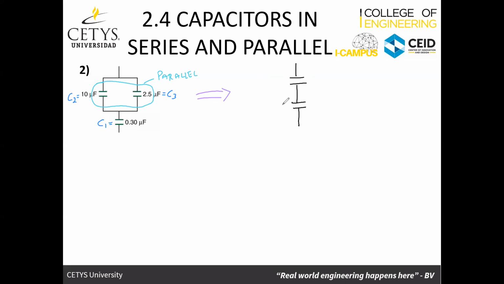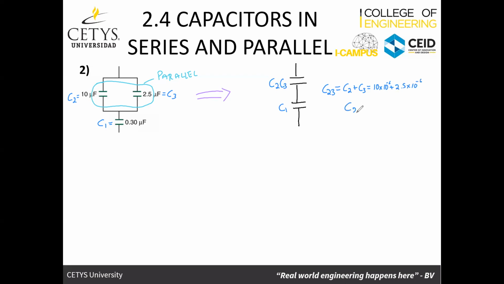So this is still going to be C1, and this is going to be the combination of C2 and C3. C2 and C3 are in parallel, and so the parallel calculation is simply the sum of those two. It's going to be C2 plus C3, which is 10 times 10 to the minus 6 plus 2.5 times 10 to the minus 6.